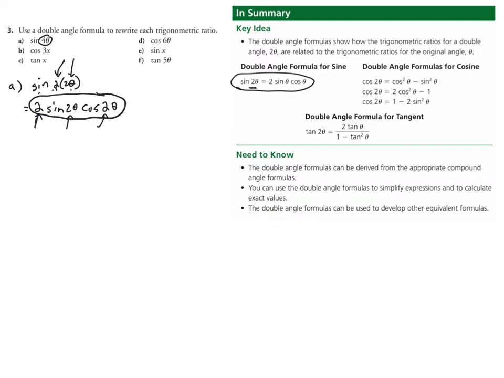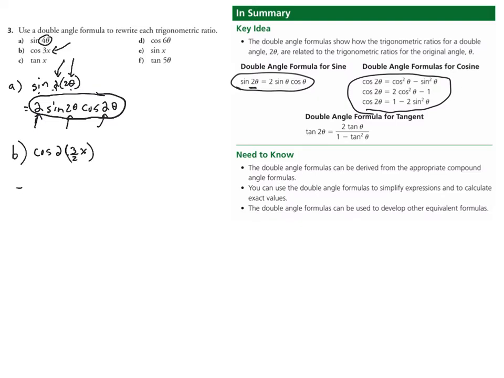All right, let's do cos of 3x. So part B. There's a lot of choice here actually. I'll just use the first one. So cos of 2 times some angle. This is cos of 2 times 3 over 2x.